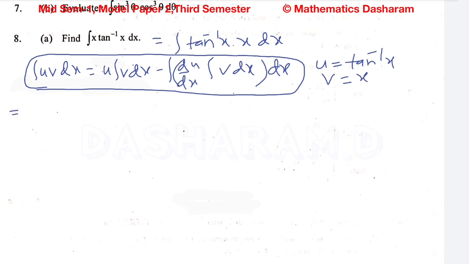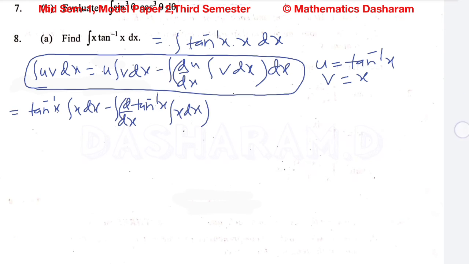So it equals u value, tan inverse x, into integration of x dx, minus integration of d by dx of tan inverse x into integration of x dx. So it equals tan inverse x.